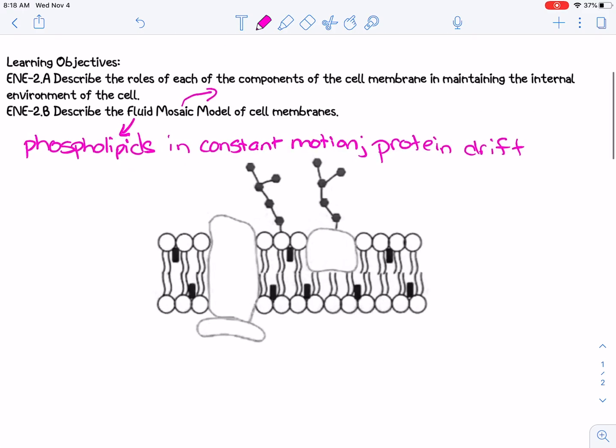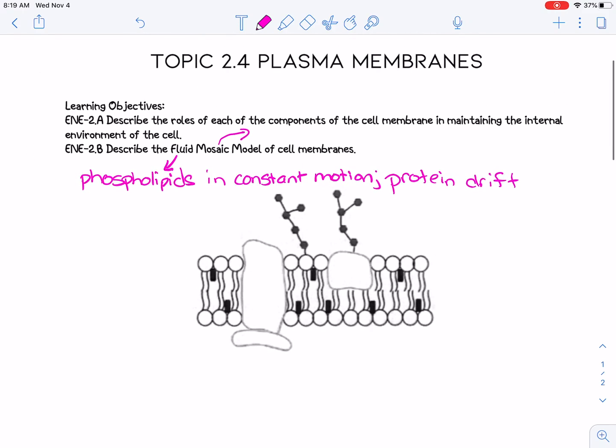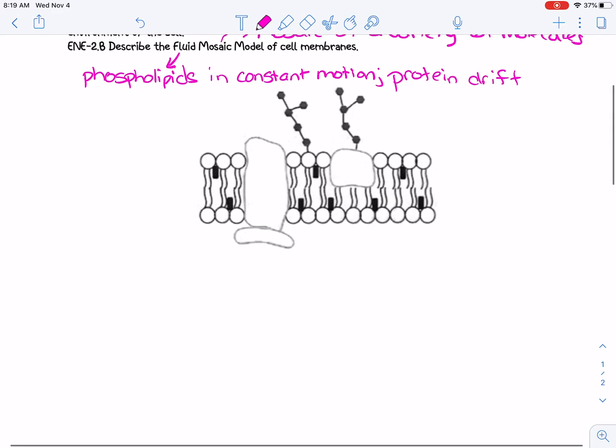If you look at this picture, you can see that there's all kinds of different things. So it's a mosaic of different molecules or different structures. So let's go ahead and dive in and look at what some of those are.